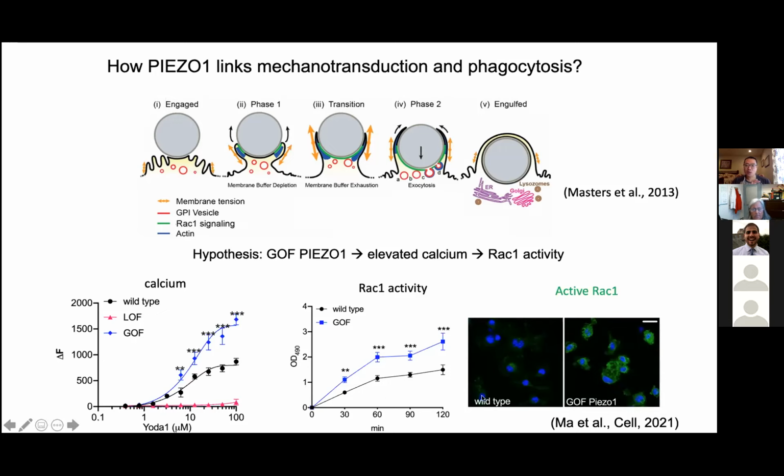We show that during the phagocytosis process, the RAC1 activity is increased compared to the wild-type macrophage, suggesting that the overactive PIEZO1 actually increases RAC1 activity in vitro.